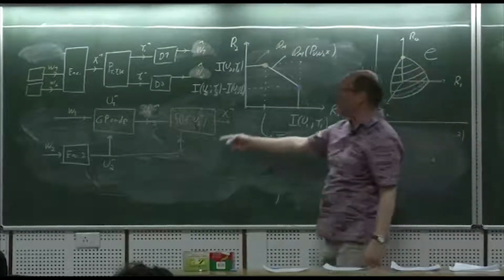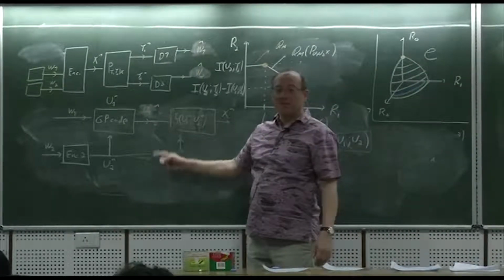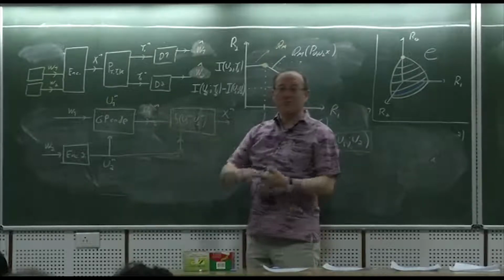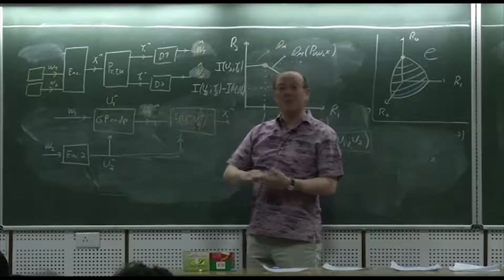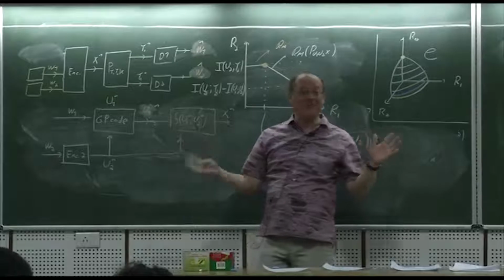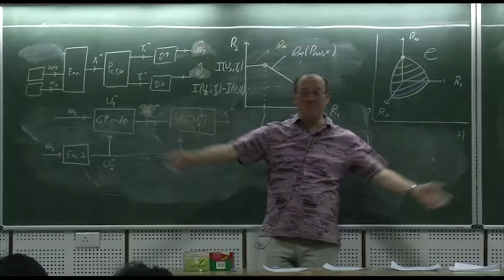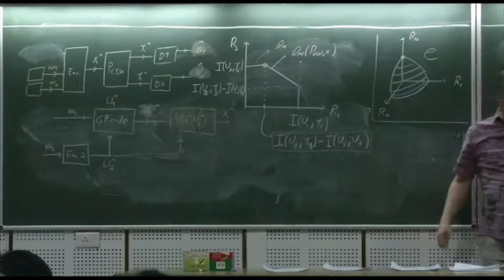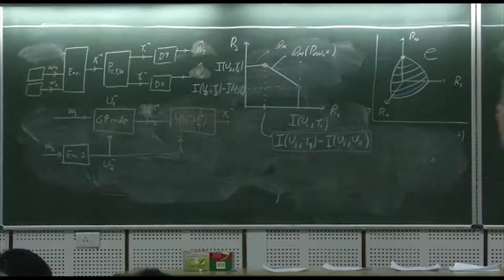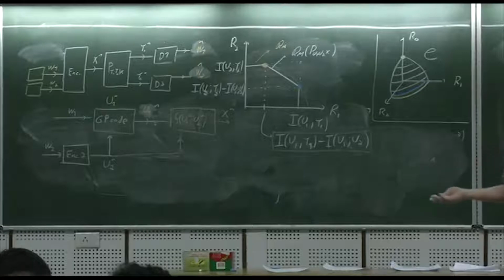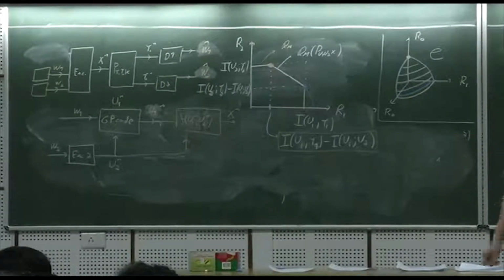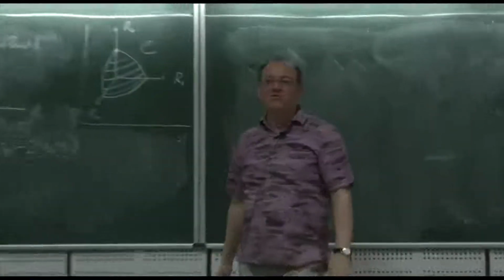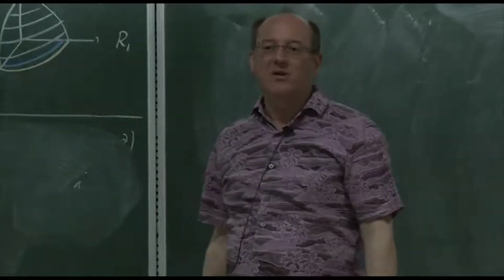In fact, if I have 3 users, I have many different orders I can do this: 1, 2, 3, or 2, 1, 3, or 2, 3, 1. So I have 6 orders, so there are 6 different things I have to time share, and so now I'm blowing up the delay. Now, in information theory, I'm always ignoring delay. Now I'm saying delay is a problem, but in practice, time sharing isn't always necessarily the thing you want to use.